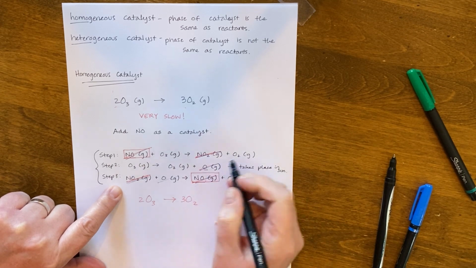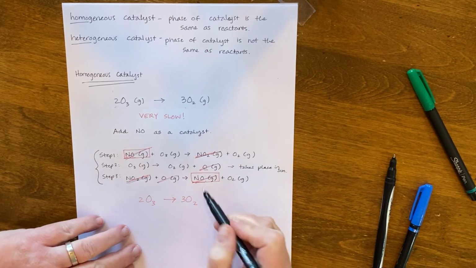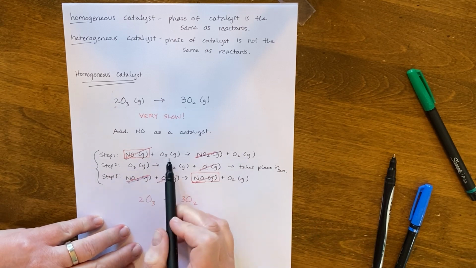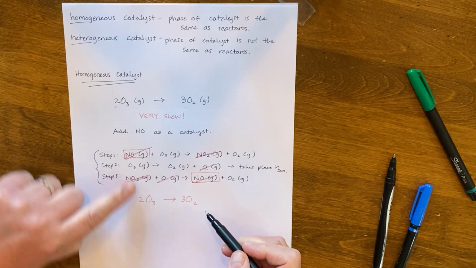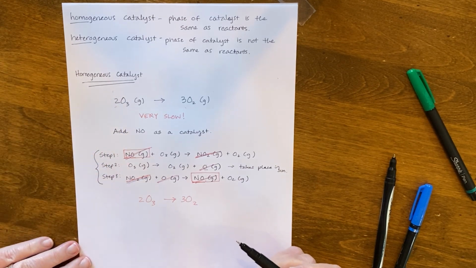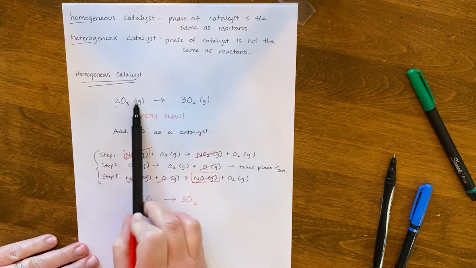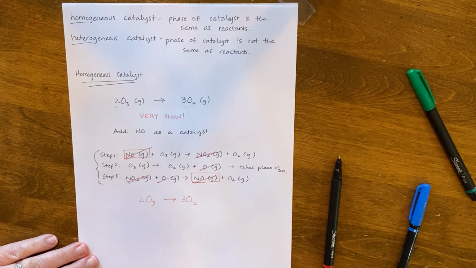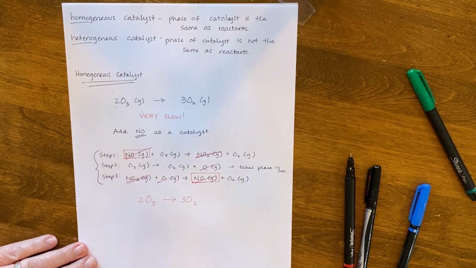Here we made the plain oxygen, here it was used up, so in the end, there's none of this left over. Then I looked at what reactants we are left with and what products we are left with, and it ends up being the very same reaction that we wanted. And again, all 3 of these happen faster than this. But what made them happen faster was the addition of the nitrogen monoxide.